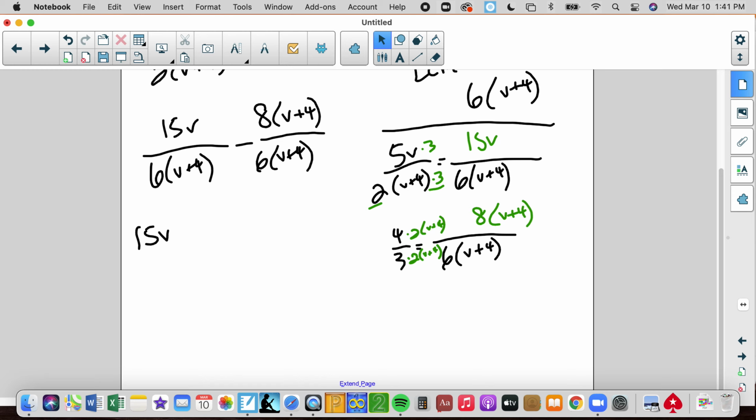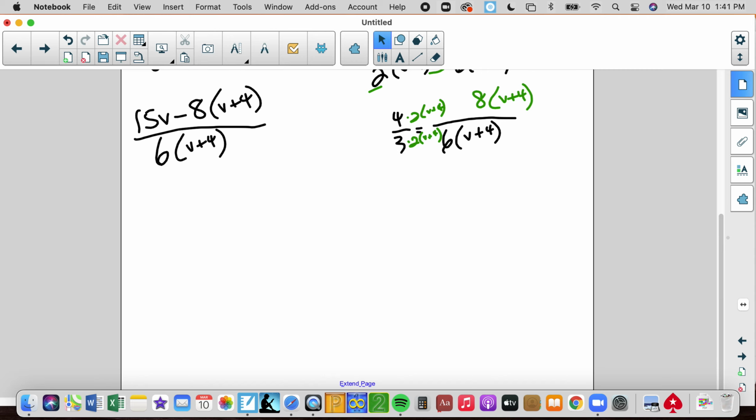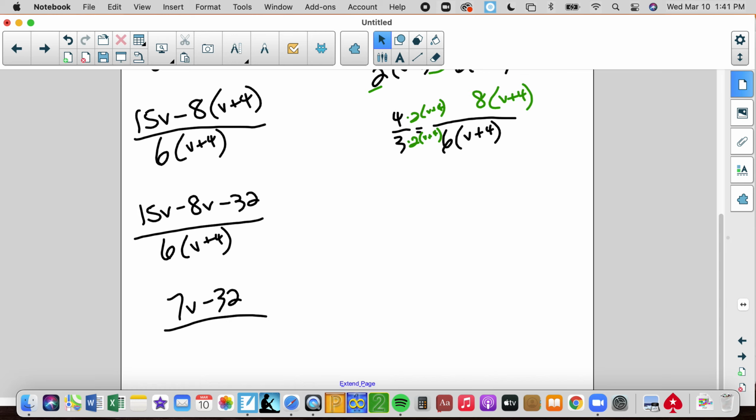We have like denominators, so we are going to put it all over the same denominator. Let's simplify. 5v minus 8v minus 32 over 6 times the quantity v plus 4. 15v minus 8v is 7v, 7, 14, 15, minus 32.